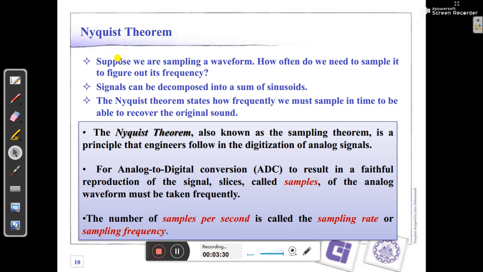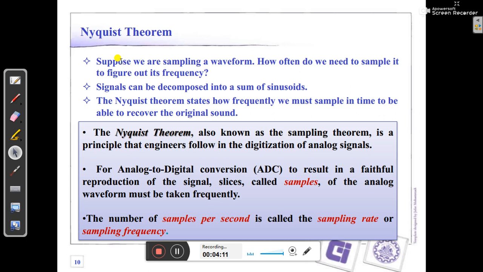Signals can be decomposed into a sum of sinusoids, means in parts of sinusoids. The Nyquist theorem states how frequently we must sample in time to be able to recover the original sound. The Nyquist theorem, also known as the sampling theorem, is a principle that engineers follow in the digitization of analog signals.